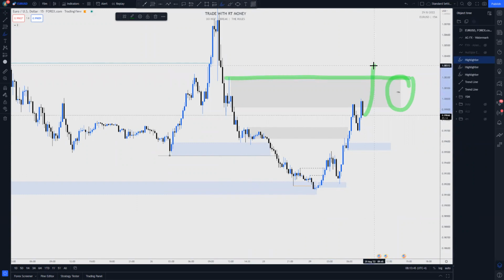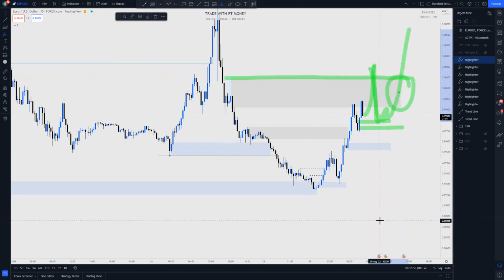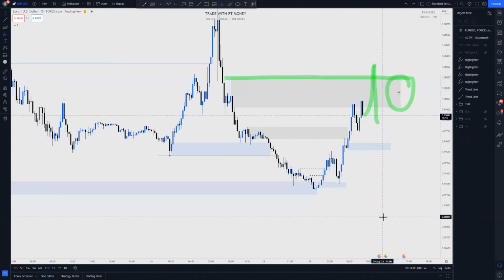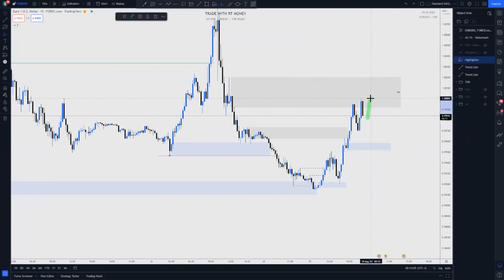If price comes up there to break that 15-minute zone, then we have a legitimate zone to take a trade from if it returns to impulse. But we're going to have to wait on that one. I'm not taking buys into this zone. I'm just not gonna do it. I'm looking for sells from this zone. So we need to break this, and I'll wait for the return to impulse, and I'll shoot it on down.